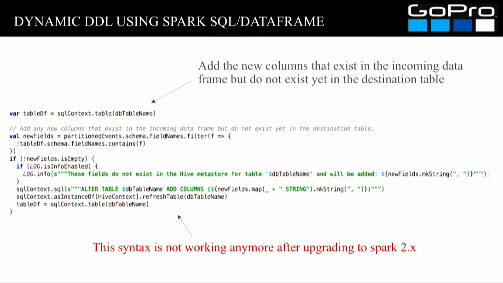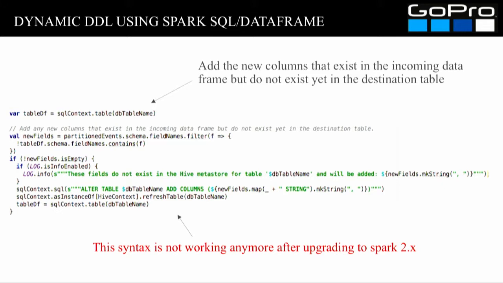But after we upgraded to Spark 2.x, this syntax is not working anymore. I think they already have a Jira ticket to take care of that. They promise that this feature will be supported in Spark 2.2 or 2.3. But we already upgraded our Spark to 2.x.